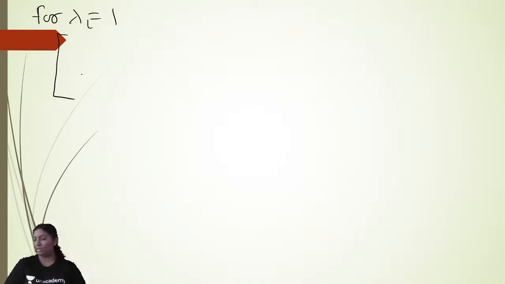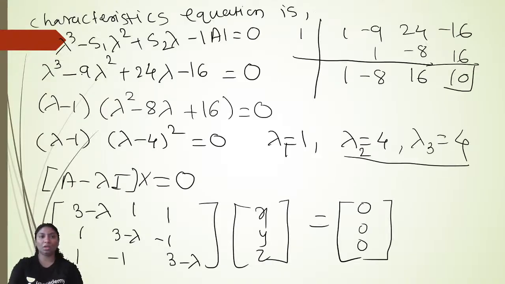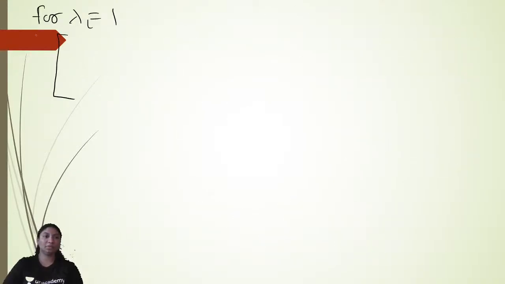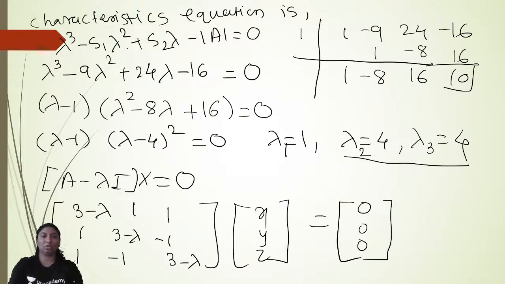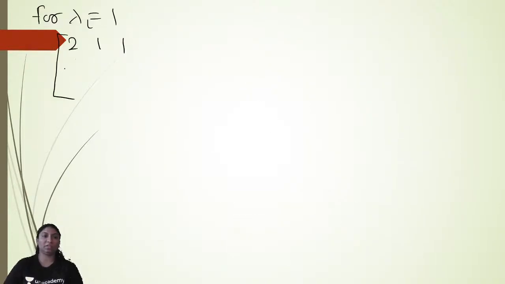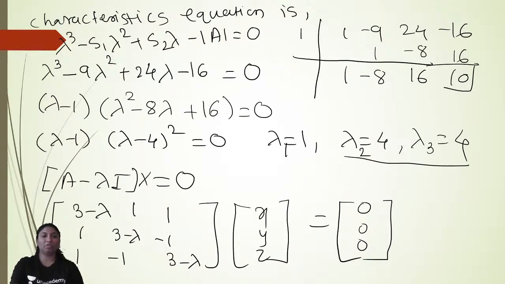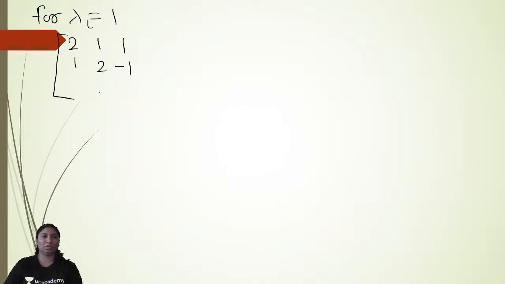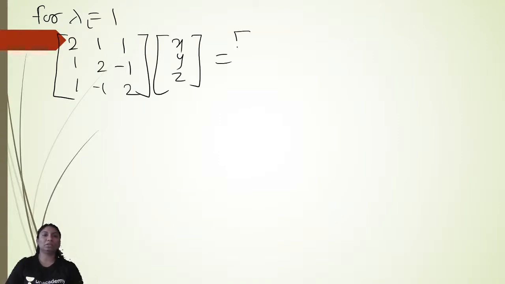We'll get the matrix [2, 1, 1; 1, 2, minus 1; 1, minus 1, 2] times [x, y, z] is equal to [0, 0, 0], right?